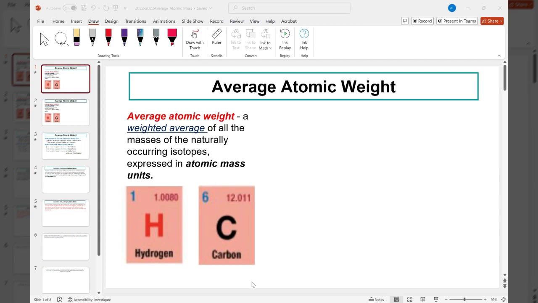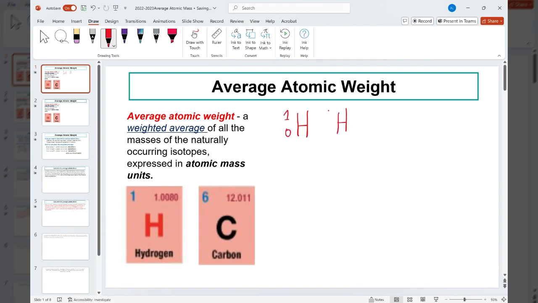So first of all, hydrogen has 3 isotopes. So you have hydrogen 1, hydrogen 2, and hydrogen 3.